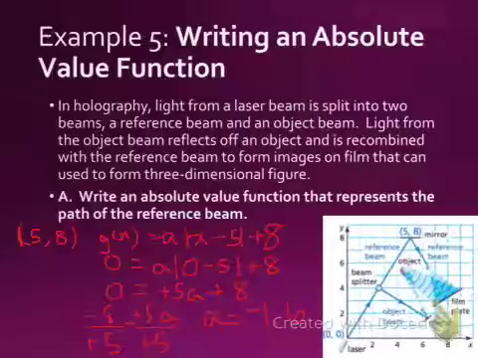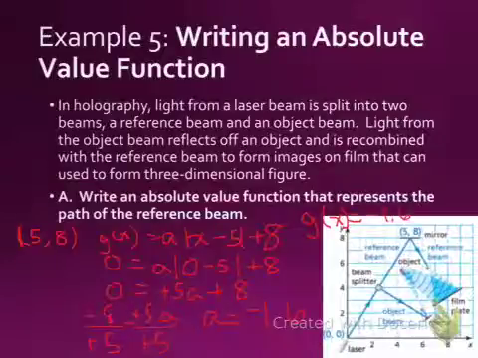That's why it's negative 1.6. So the function is going to be g of x equal to negative 1.6 times the absolute value of x minus 5 plus 8. This is just plugging these numbers into this absolute value formula that was given to us.